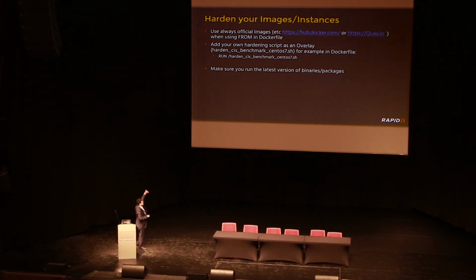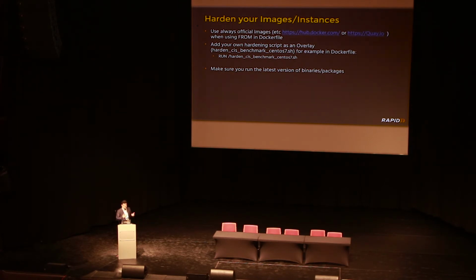You can say as a last step, hey, run harden CIS benchmark CentOS 7 sh. It's a shell script. So it will harden not your host operating system that will run Docker, but also your Docker images. So you need to tweak some files in the Docker image itself and things like that. But the tweaking is not enough.